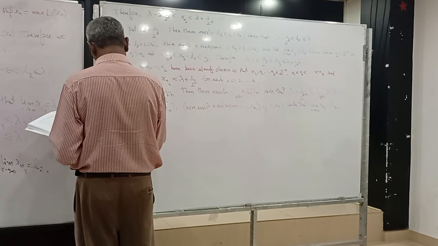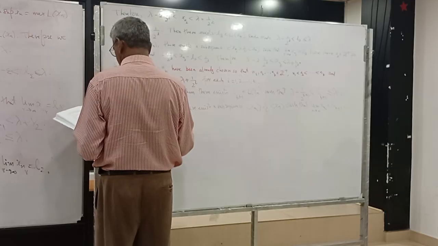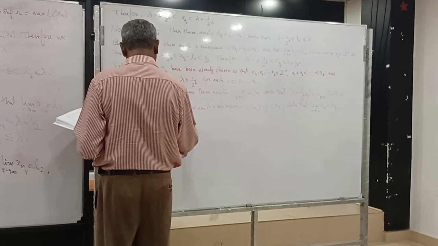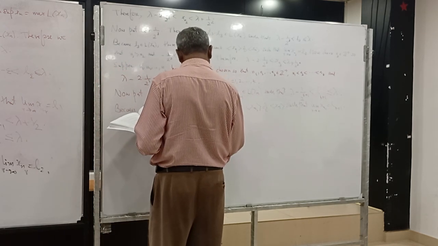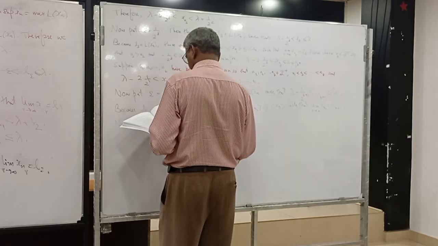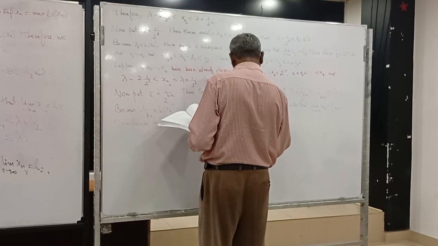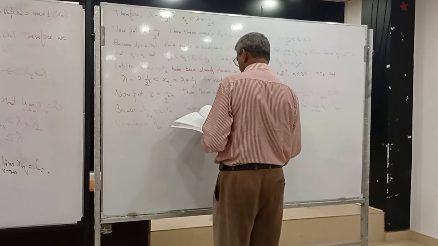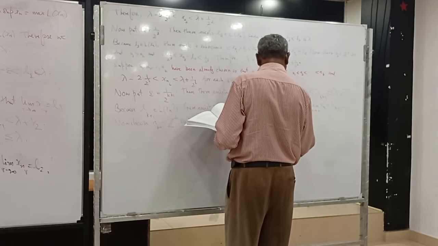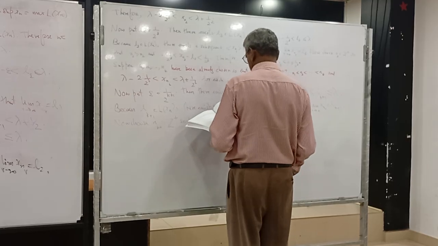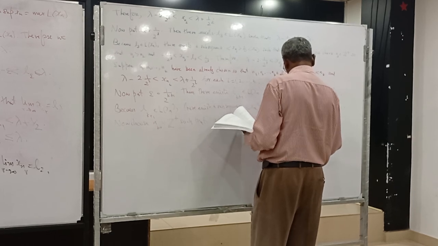Now choose N_{k+1} belonging to Z plus such that N_{k+1} is strictly greater than N_k and L_{k+1} minus 1 over 2 to the k plus 1 is strictly less than x_{n_{k+1}}, and x_{n_{k+1}} minus L_{k+1} is strictly less than 1 over 2 to the k plus 1.